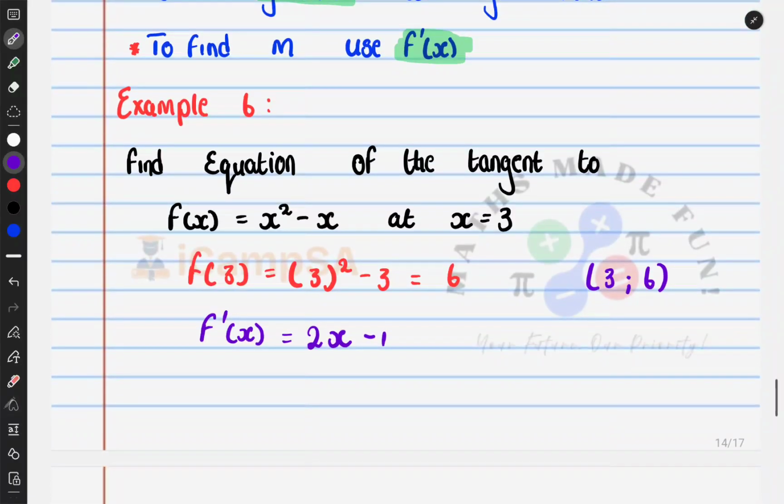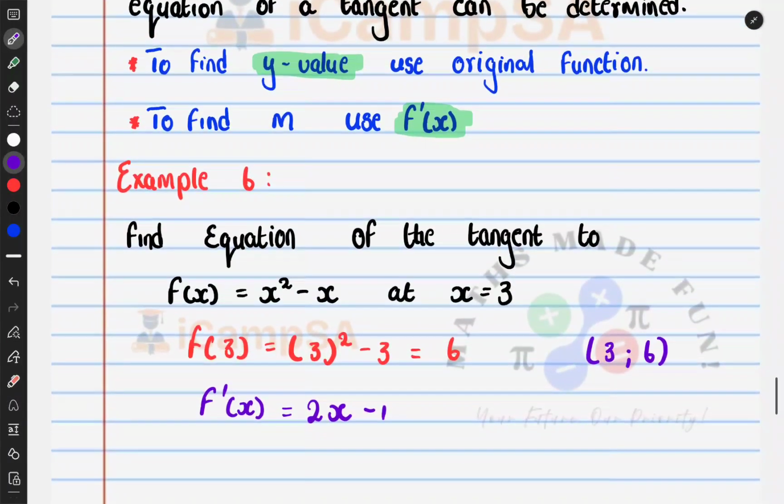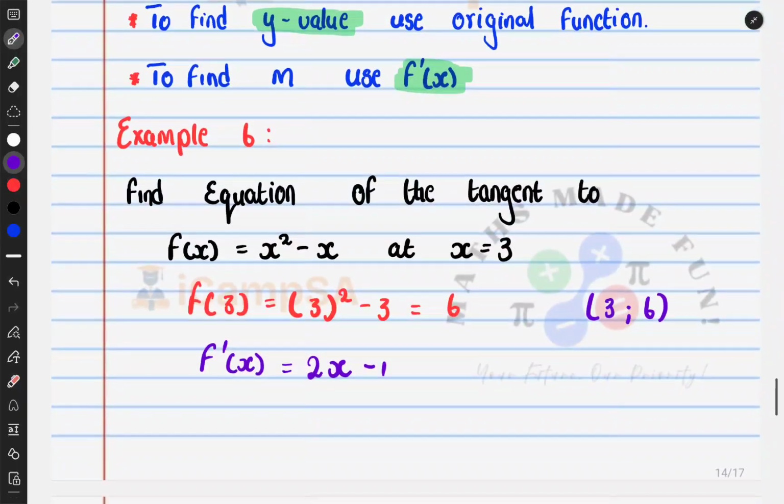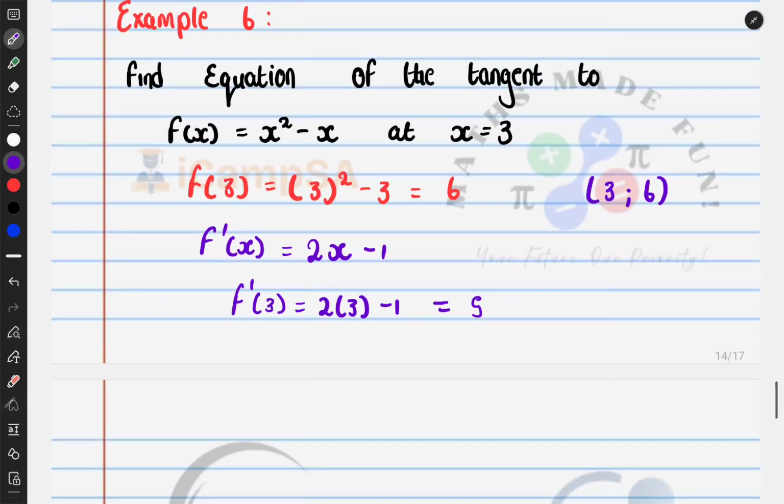We can now use it to determine the gradient. So the gradient at x equal to 3 will be f prime of 3, which is equal to 2 times 3 minus 1, which is 6 minus 1, which is 5. That is the gradient.